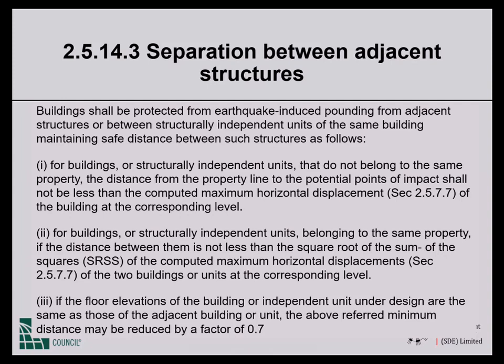So when two adjacent buildings are on the same property, the distance between them is allowed to be square root of the sum of the squares of the computed deflections. This is less than what we were talking about above, which is the arithmetic sum of the deflections of the two structures. Okay?